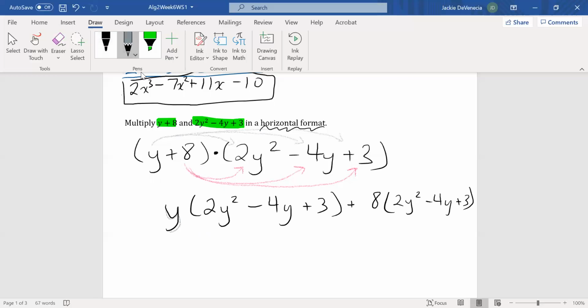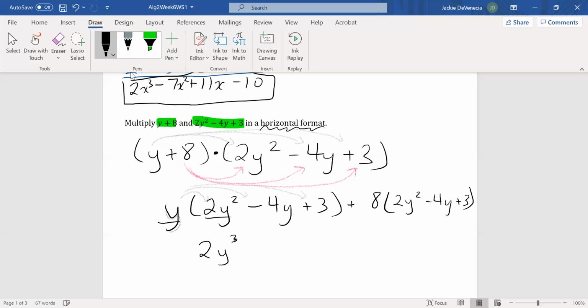And from here, I'm going to distribute this y across. So this would be y times 2y squared. That's going to be 2y to the third power.